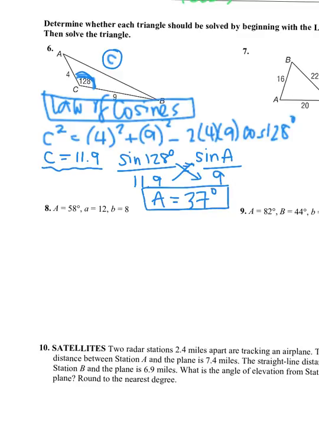Then you can solve for angle B by doing 180 minus the 128 degrees for C minus the 37 degrees for A, leaving you with 15 degrees for angle B.